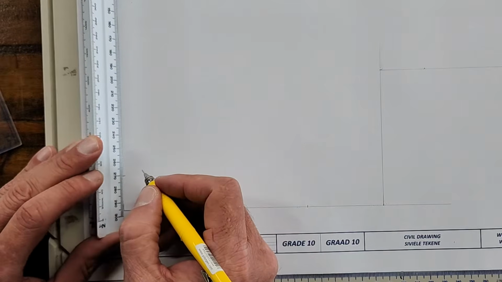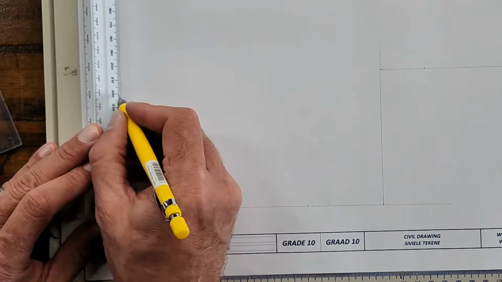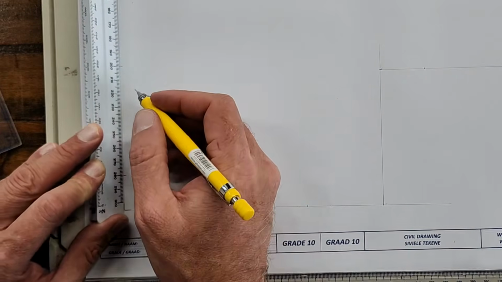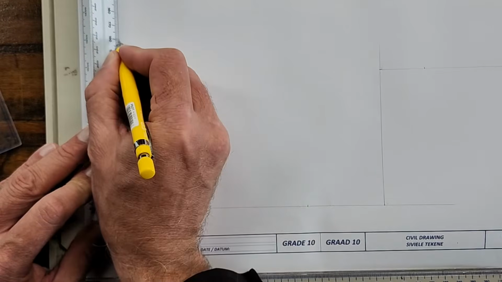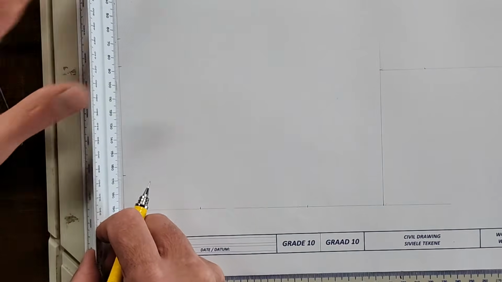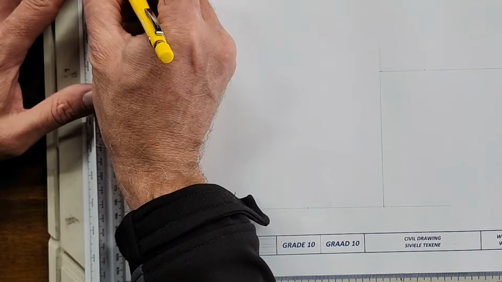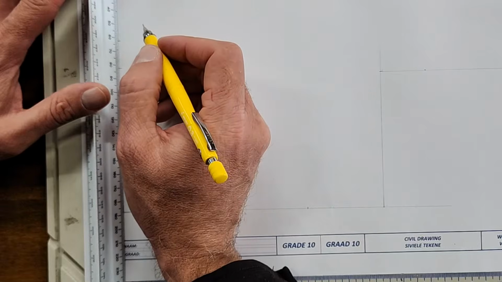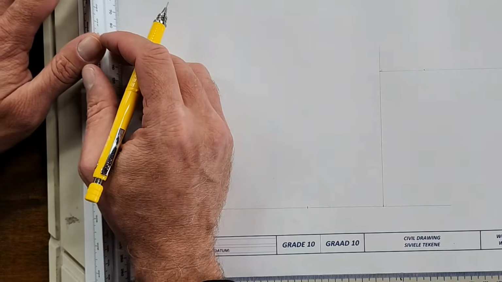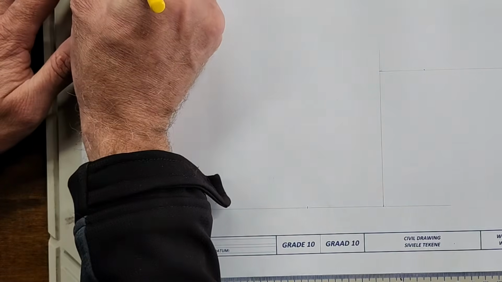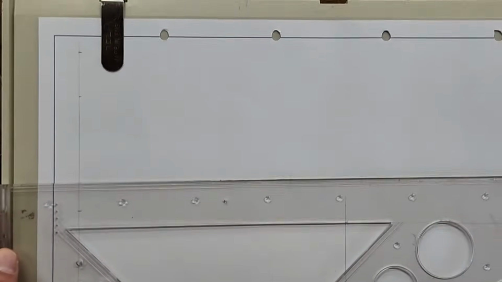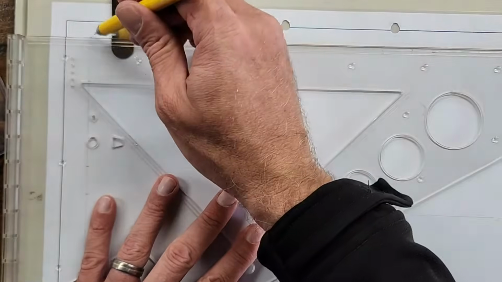Then we have 80. Just using the measurements that was given to me. I'm really tight here on the end. And there we go all the way across.